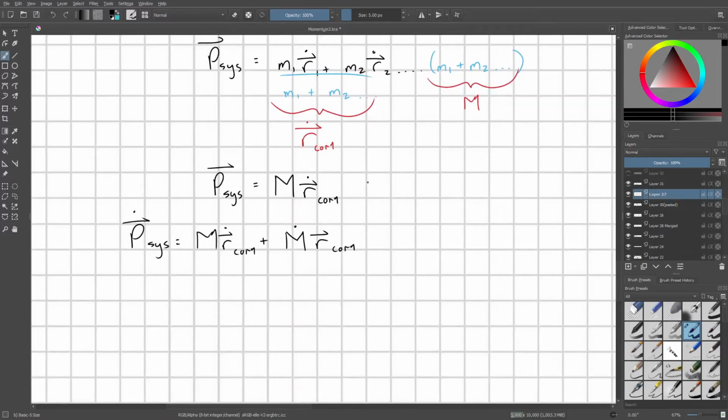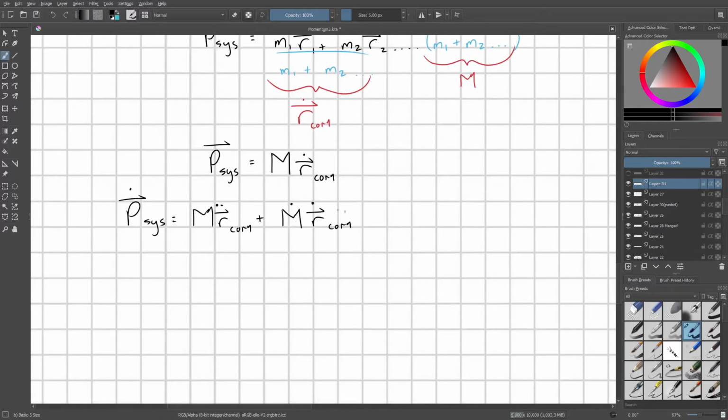Okay, now I take the time derivative of that generically, and I get m times r dot center of mass plus m dot times r center of mass. Whoa, that's not right. This would be the second time derivative here, and this would be the first time derivative there. There we go.